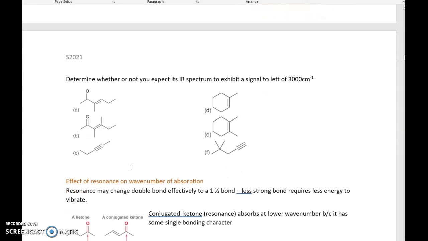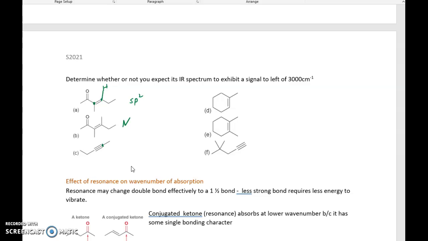So here we're going to determine whether we expect these to have a signal to the left of the 3000 mark. So we're looking to see whether they have a hydrogen attached to one of these carbons that is sp2 hybridized. And this one does. This one does not, so it will not.